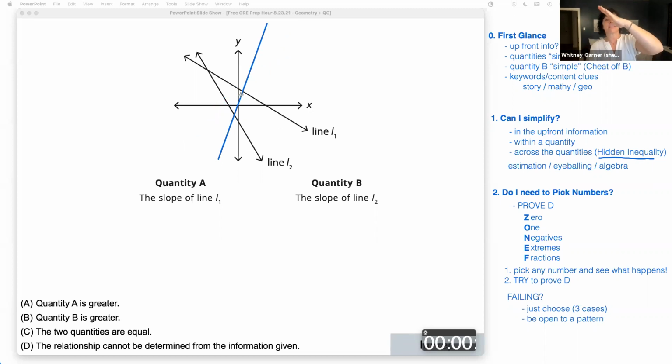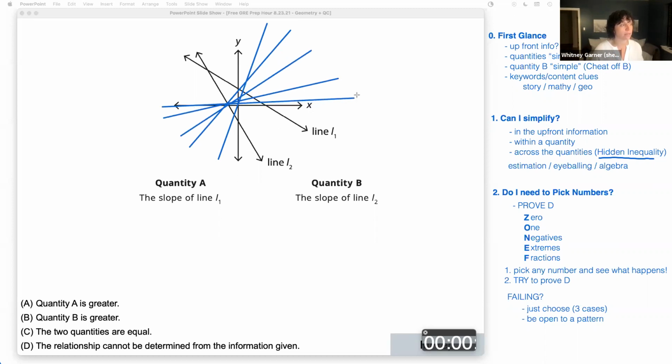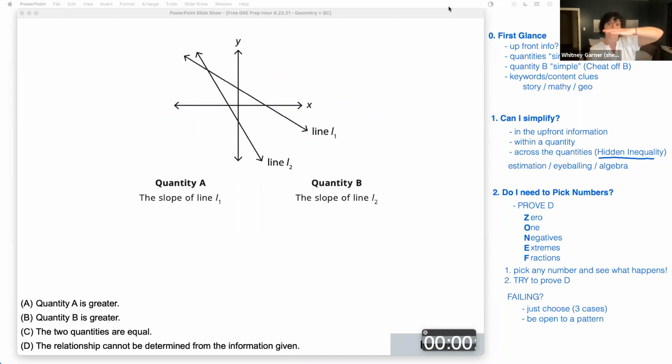As the line begins to flatten, it gets closer and closer to 0, so it becomes less and less positive until it becomes a flat line, at which point the slope is 0. And it doesn't have to just be a flat line on an axis. Anywhere where I draw a flat line, it's 0. Once I move from 0 and I start to tip right side low, I've moved into negative slopes.